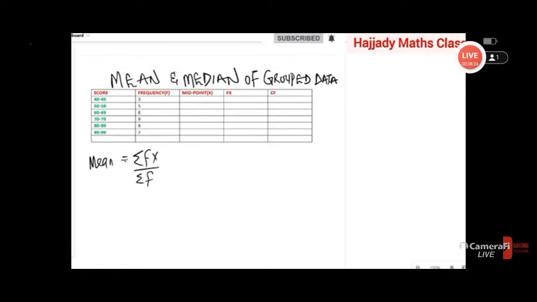This means that the summation of the product of the frequency and the midpoint x, which is fx, divided by the summation of the frequency.